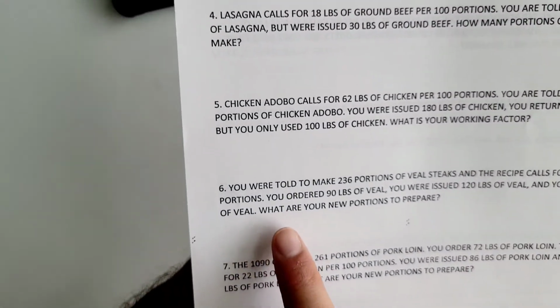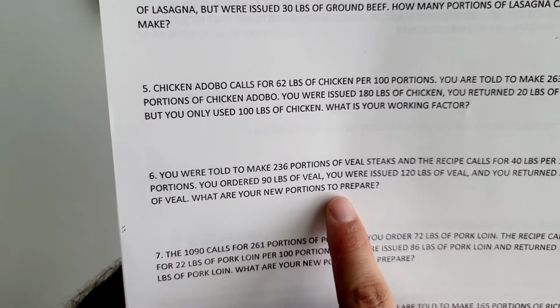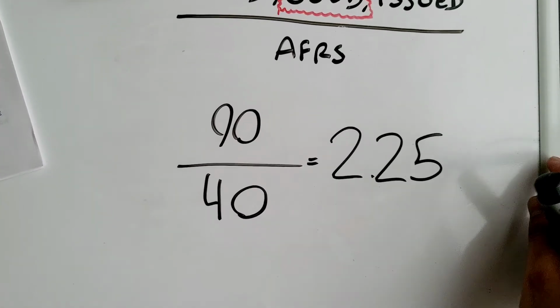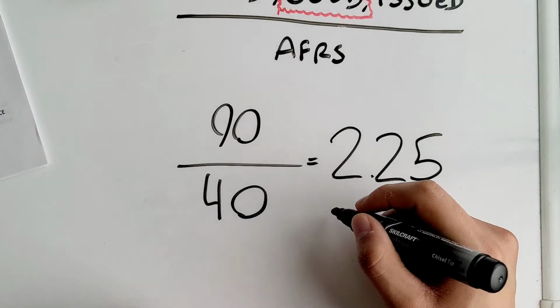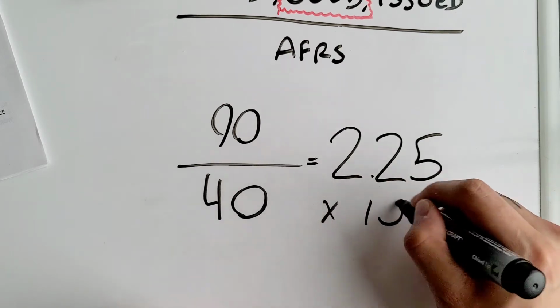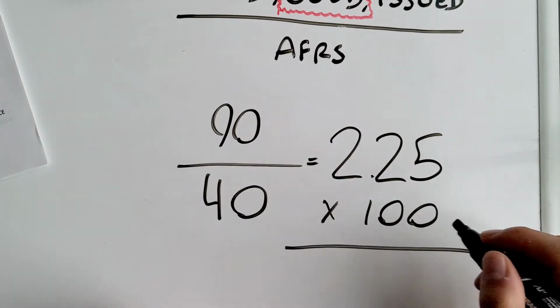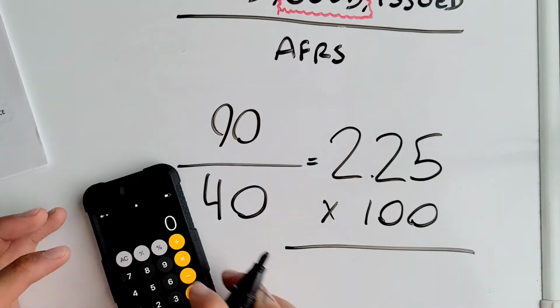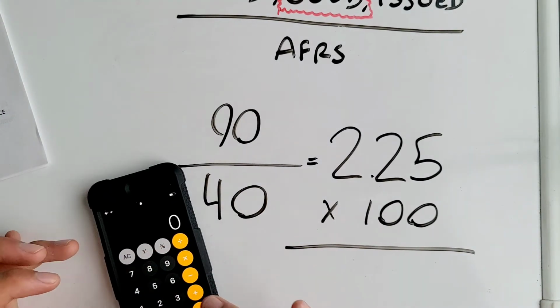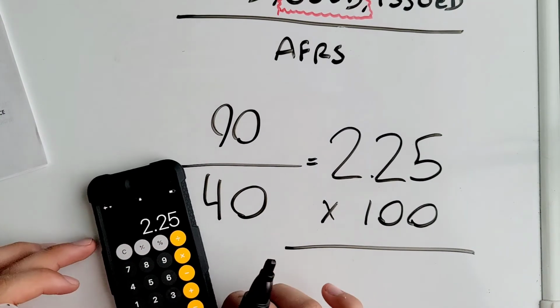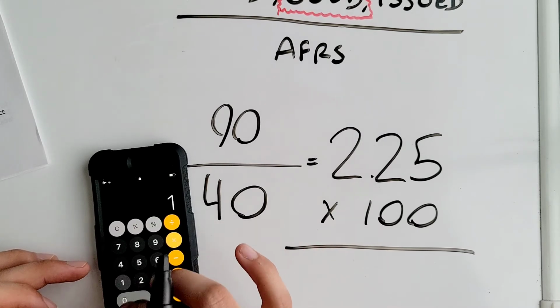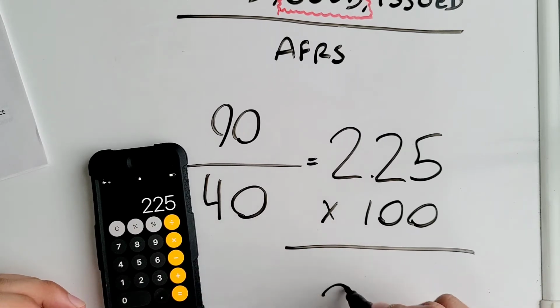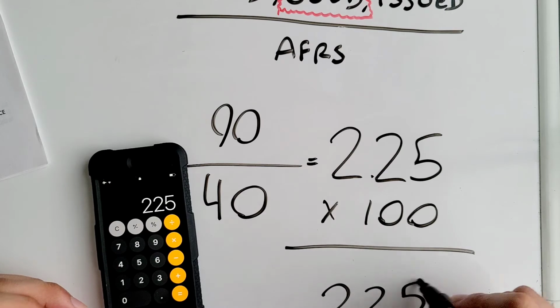It's asking what are your new portions to prepare. So your working factor, we're going to multiply this by 100 to get our new portions to prepare. So you could either do it in the calculator or in your head, whichever is easiest for you. So 2.25 times 100 equals 225.